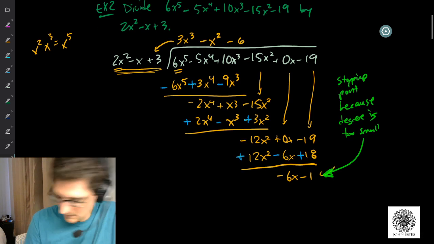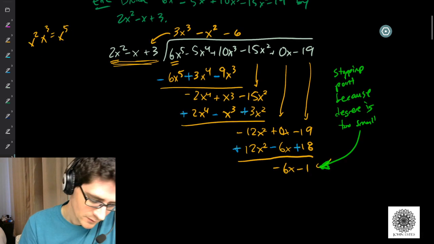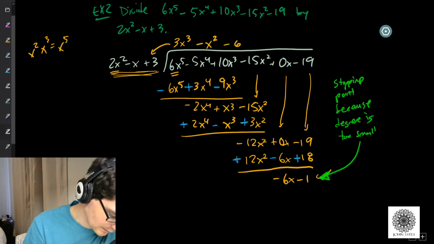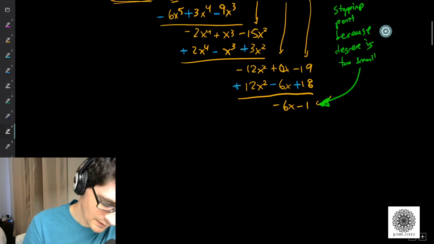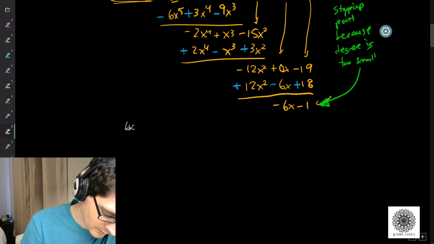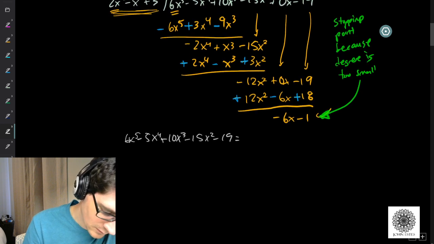Alright, now what is this telling me then? Well, it's telling me a couple of things. I could have written this in a couple of ways. First of all, I could say that this big polynomial, the 6x to the fifth minus 5x to the fourth plus 10x cubed minus 15x squared minus 19 equals this 2x squared minus x plus 3.